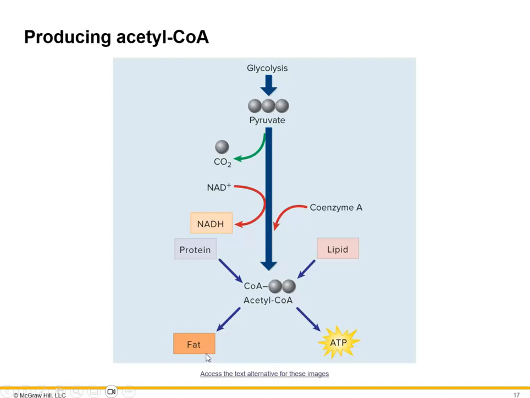But we might as well make some fat, that's energy we can use later. So we're either going to go to ATP production and enter the Krebs cycle, or citric acid cycle, or if we've got plenty of ATP, it's going to switch into fat synthesis so we can make energy to use another day or another time.